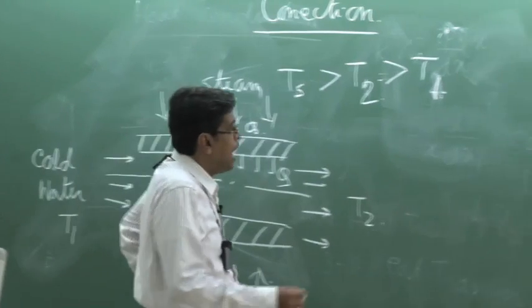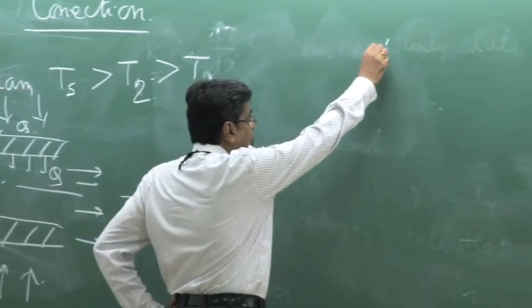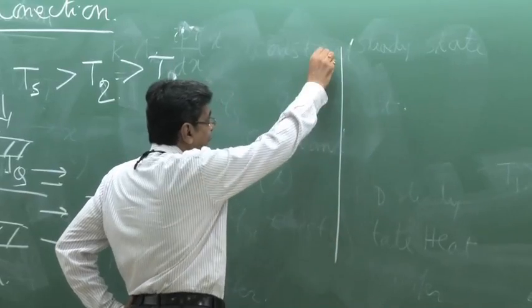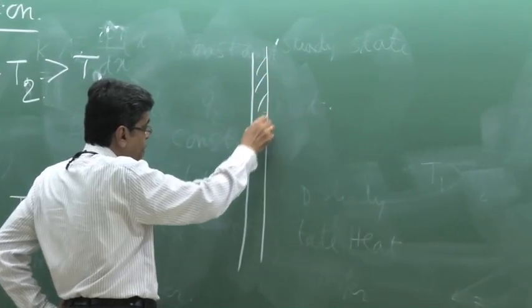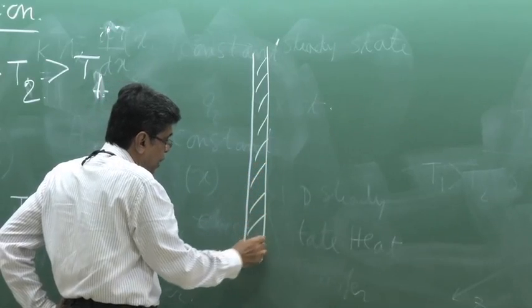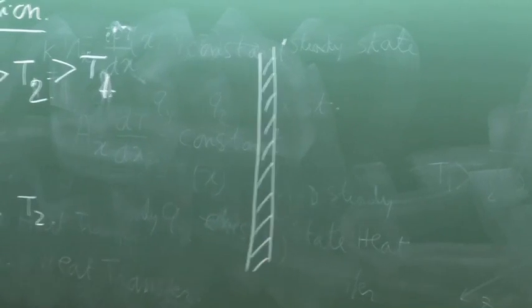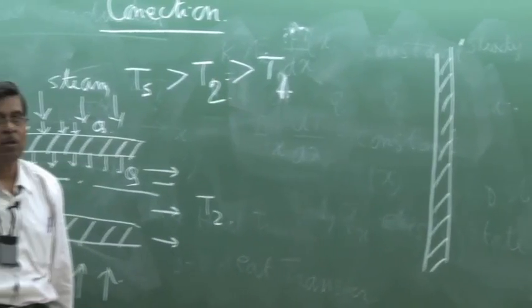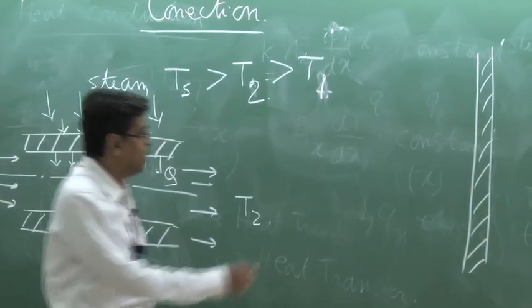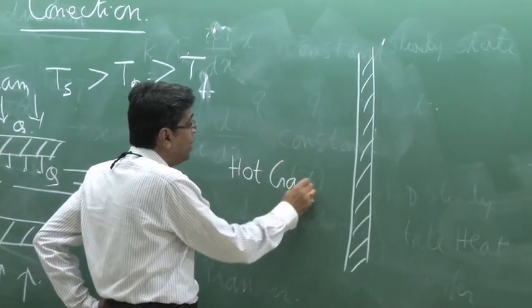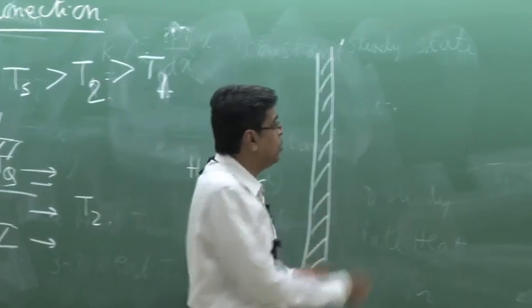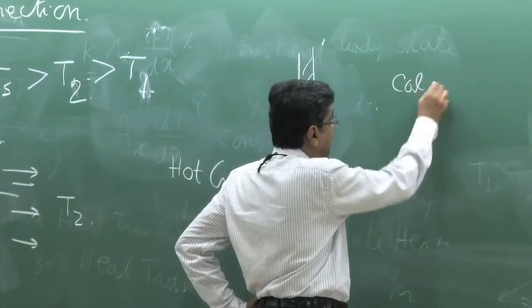Now, another example I tell you. Let us consider the wall of a furnace, a vertical furnace for example. Now what happened? There is hot gas, and usually outside is the cold ambience.